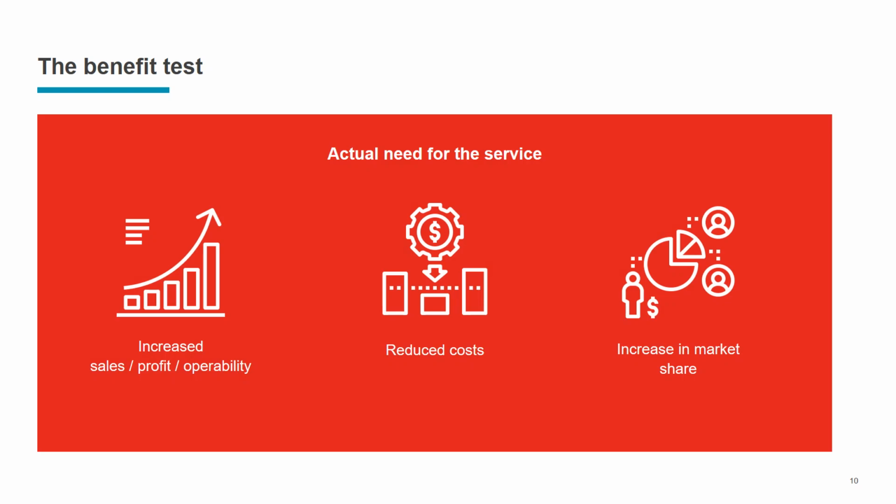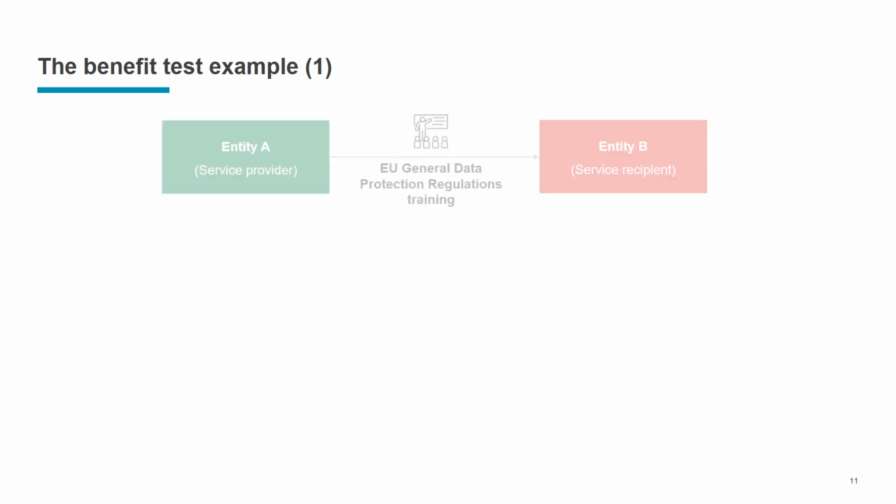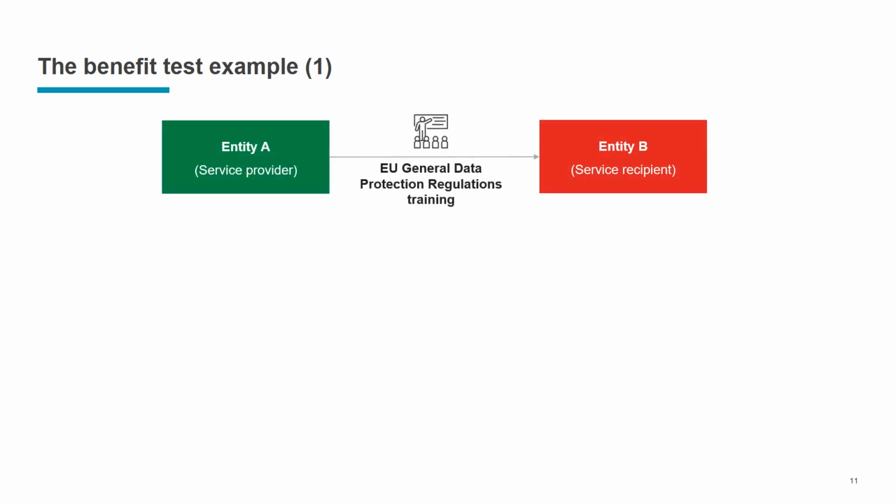Let's have a look at an example of a particular service, and let's consider how the benefit test can be applied to the service. So assume there are two entities, and the service provider is a training company within a multinational group which provides training to another company, the service recipient entity B. And the service which entity A provides is a General Data Protection Regulation training.